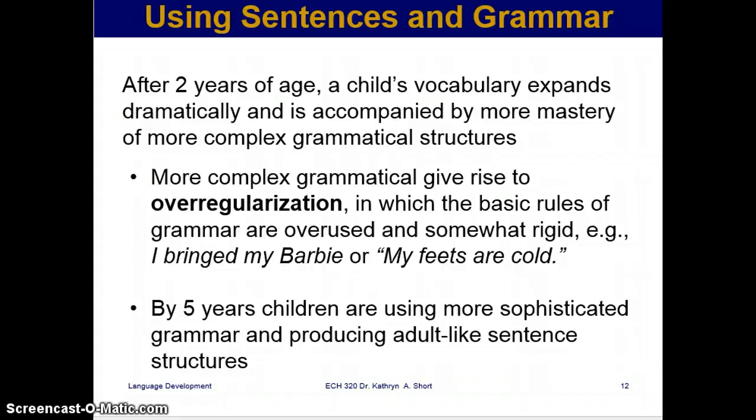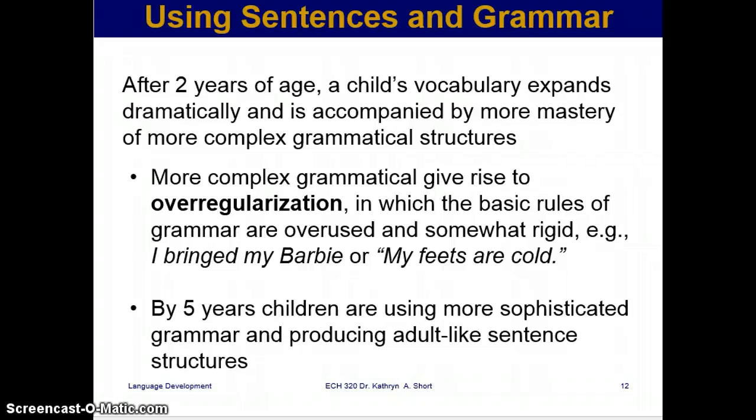Example, "I bringed my Barbie," or "my feet are cold." So the grammatical mistake is "I bringed." You should say "I brought my Barbie." So that mistake is called over-regularization.